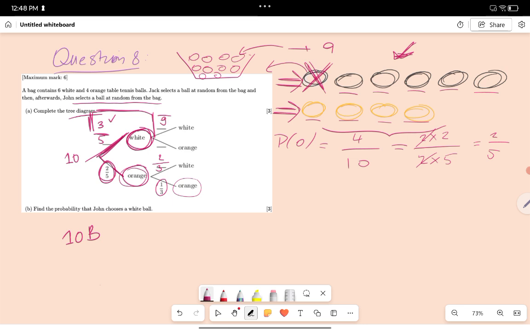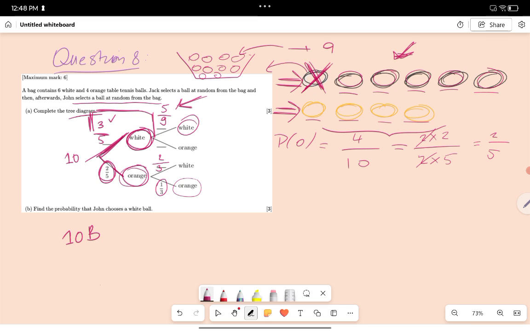So once we have taken the white one, up here, what's the probability again to get a white one? Well, let's count how many we have now. We've got 1, 2, 3, 4, 5 white ones. So we have 5 over 9 as the probability of getting a white one again. You see how this is interesting?